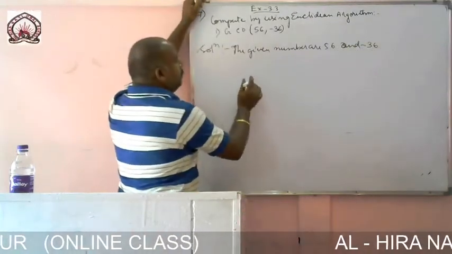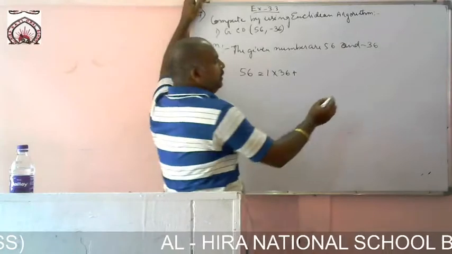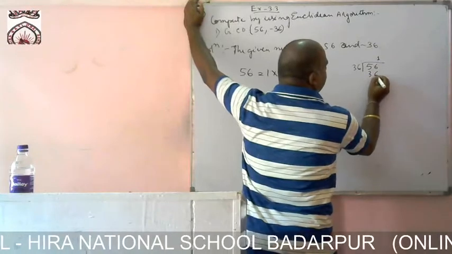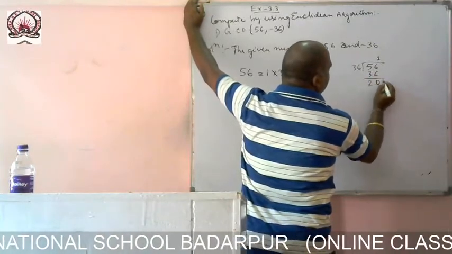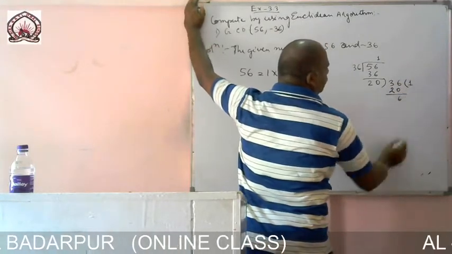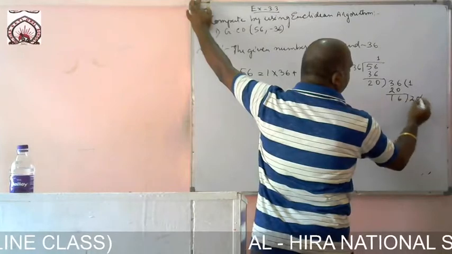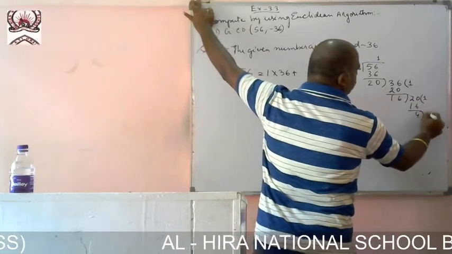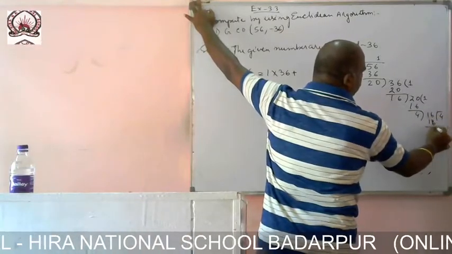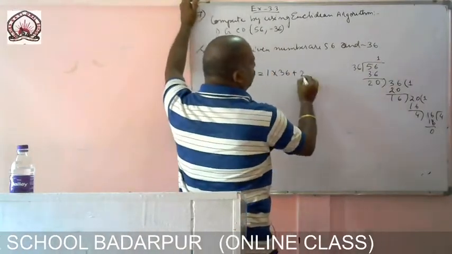So you can write 56 equal to 1 into 36 plus, if I divide 56 by 36, we are getting 20.